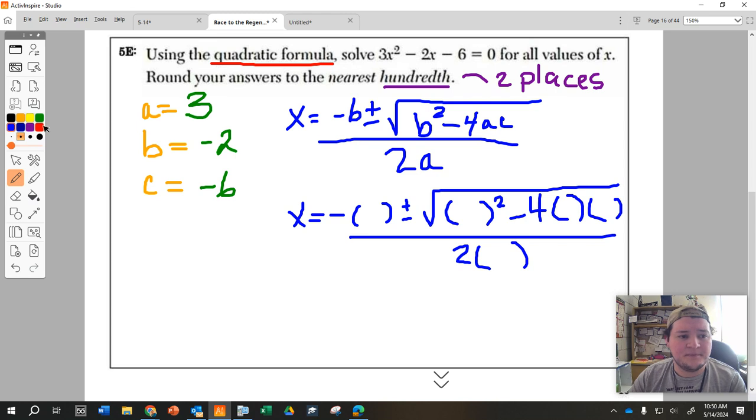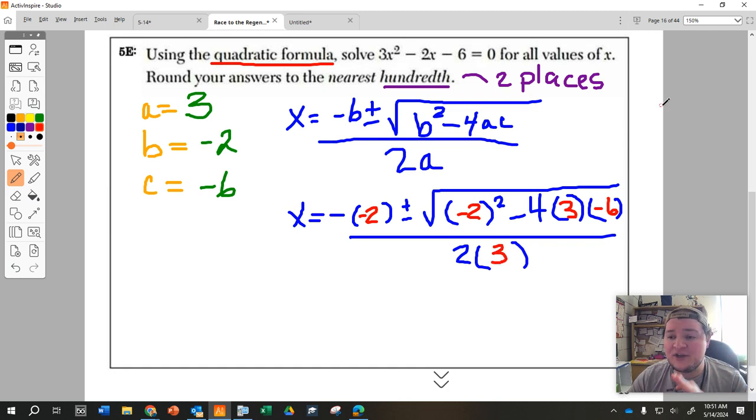Okay? Plug in. First blank is b. B is negative 2, so I end up with negative 2. Plus minus square root sign, parentheses squared. Well, b is negative 2 again. We said that. For AC, A is 3. C is negative 6. All over 2A, A is 3.